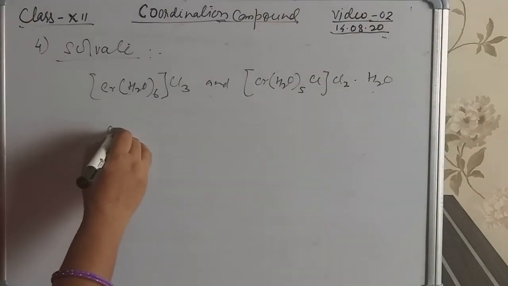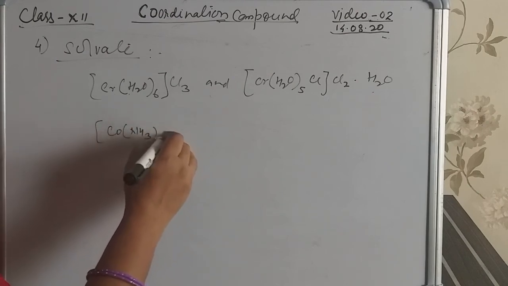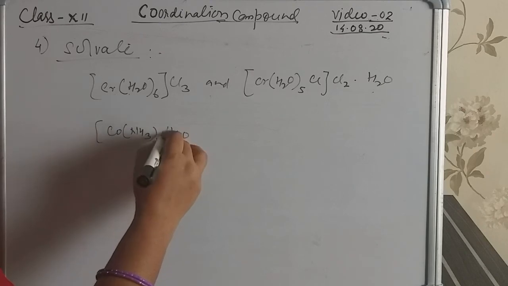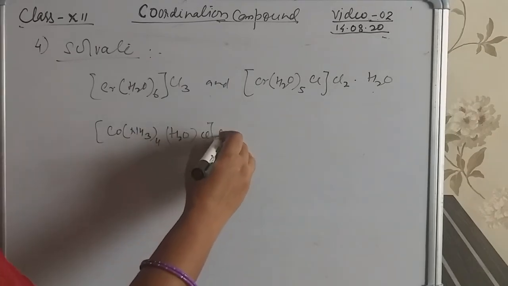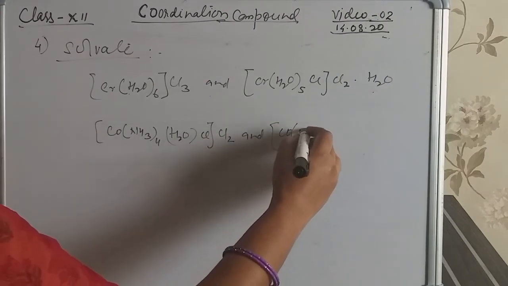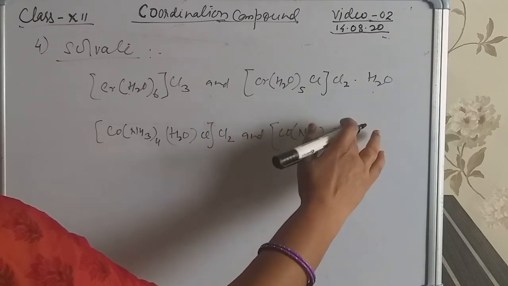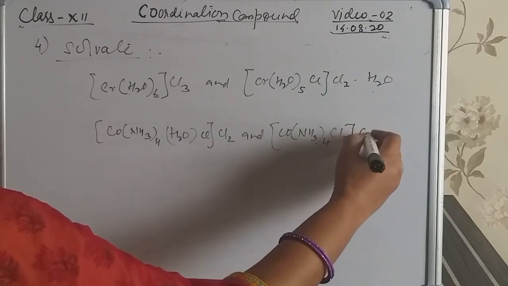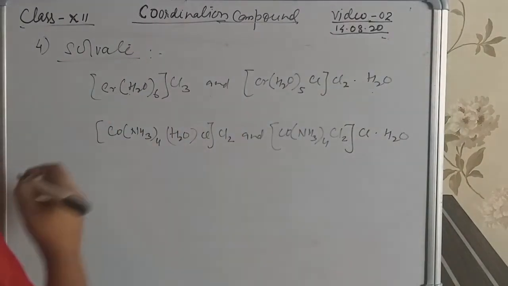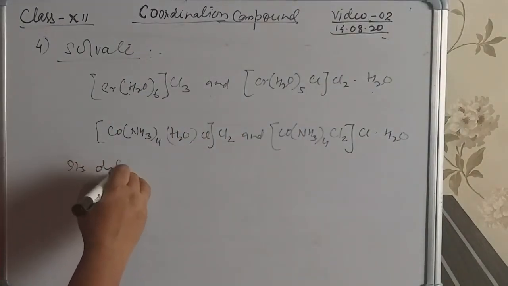And another example is [Co(NH3)4(H2O)Cl]Cl2 and [Co(NH3)4Cl2]Cl·H2O.